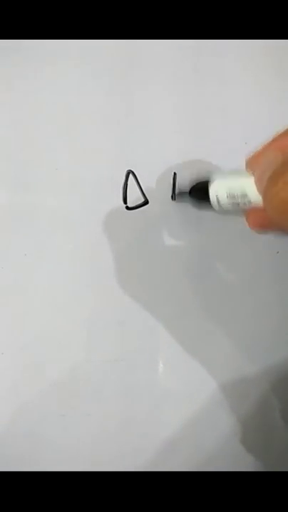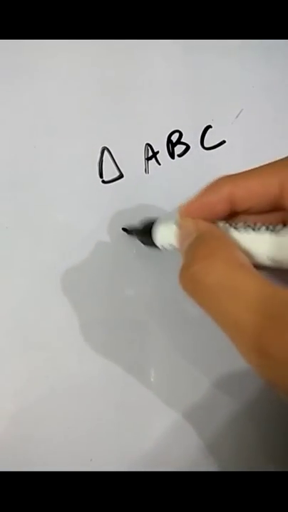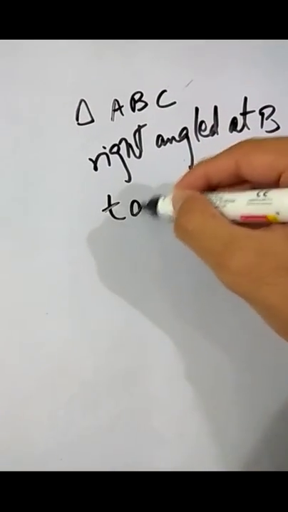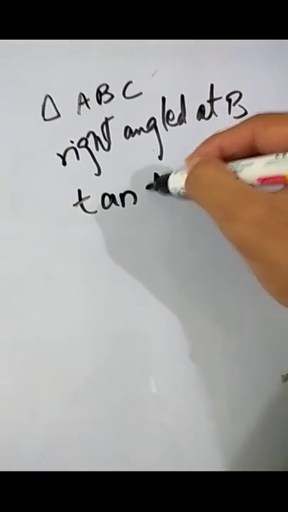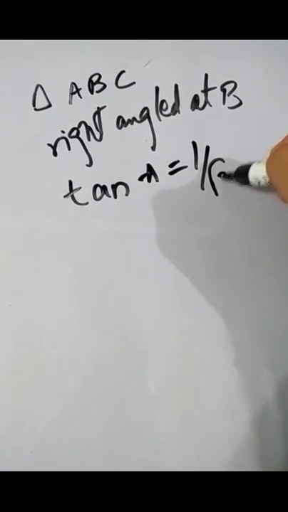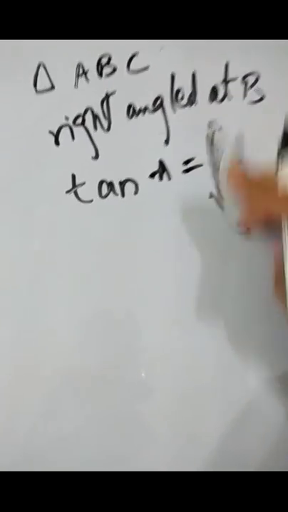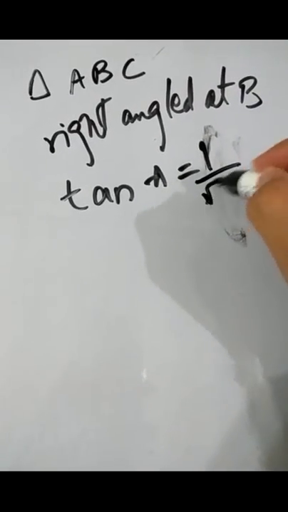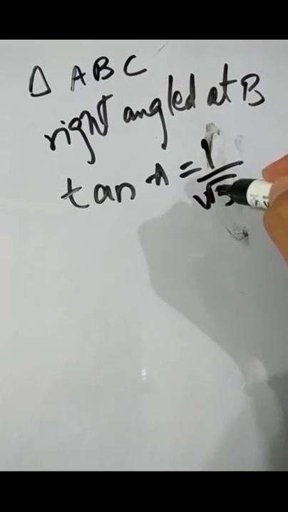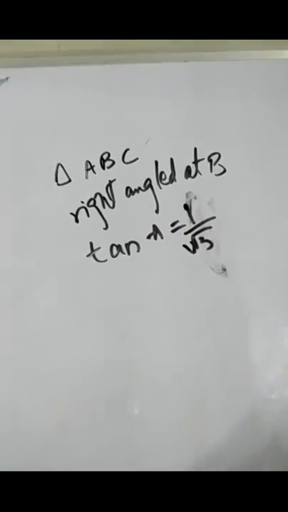Now again, there's a triangle ABC, right angled at B, and tan A equals 1 by root 3. Tan A equals 1 by root 3.